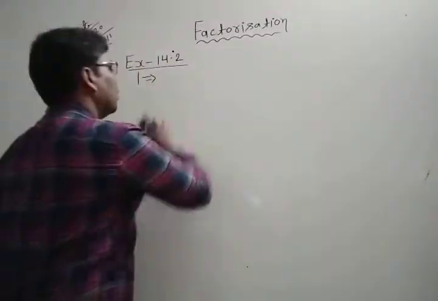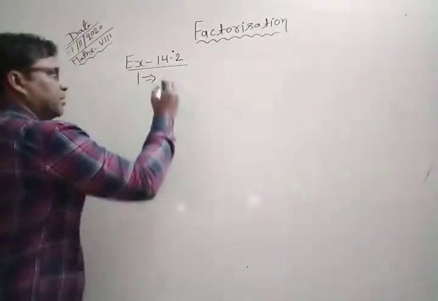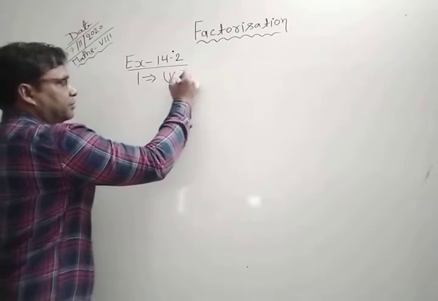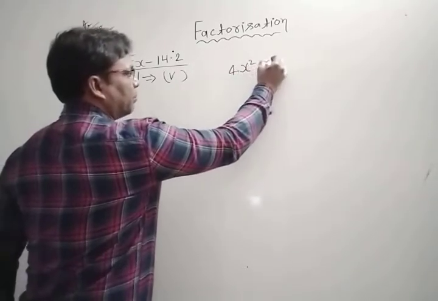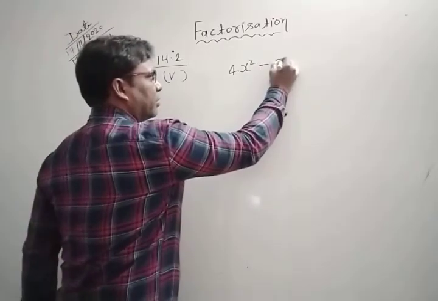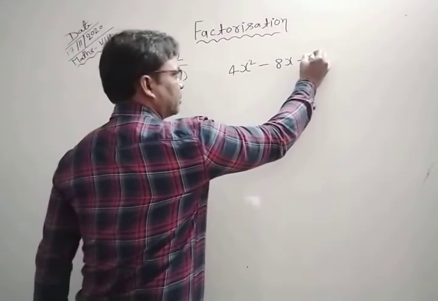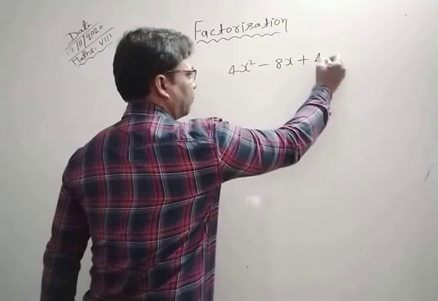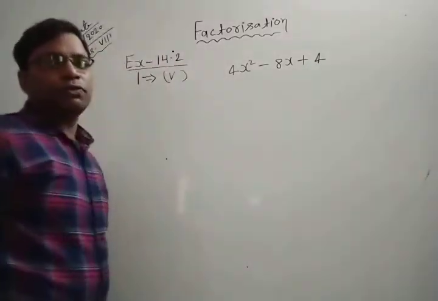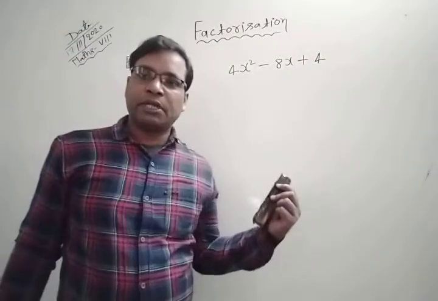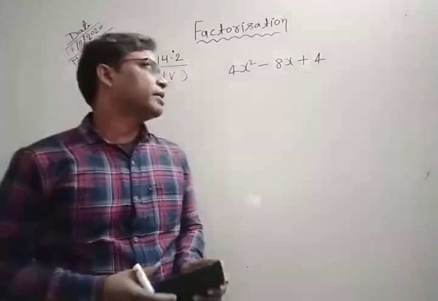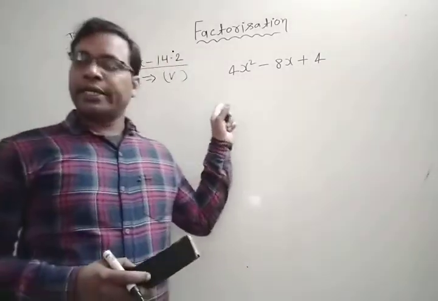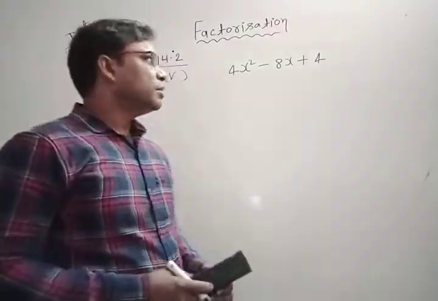The fifth part is given here of question number 1, 4x square minus 8x plus 4. Okay, so first we find the factors of given expression by using the identity. After this also we find the factor of this expression without any identities.